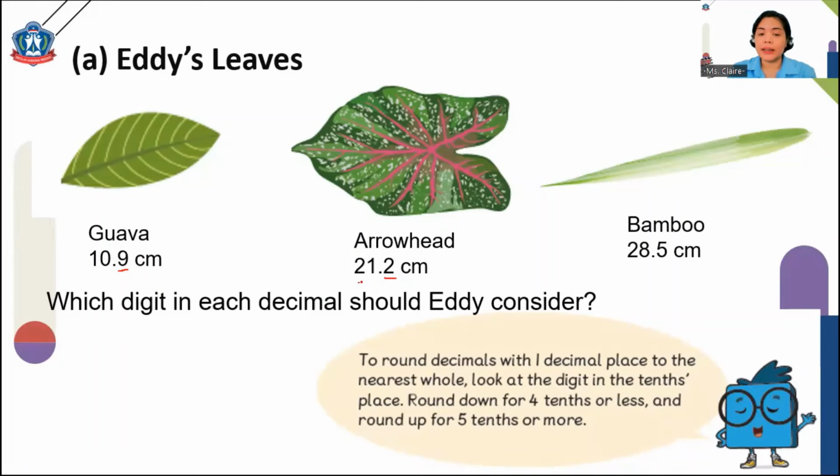So that's why it's still 21. If the number is already 5, we have to round up. So, to round decimals with one decimal place to the nearest whole, look at the digit in the tenths place. Round down for 4 tenths or less, and round up for 5 tenths, 6 tenths, or more.